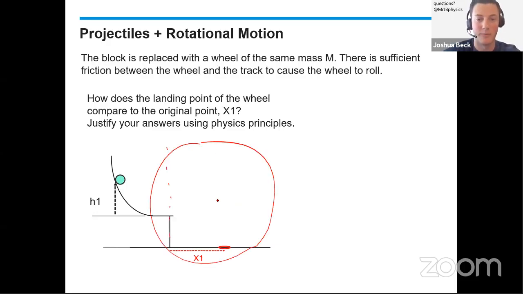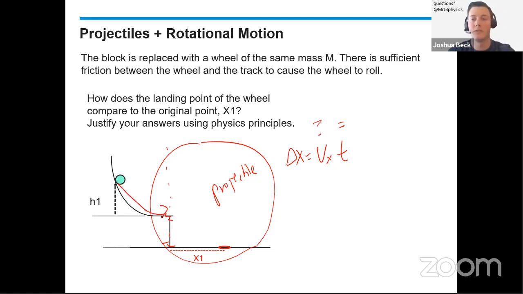This is the projectile part. The range is going to be determined by these two variables. In all of these, I'm launching them off the same height table, so my time is equal in all of these. I'm not changing it. But what happens to my launch velocity? Well, if I let this thing slide down, then all of its energy turns into translational kinetic energy.